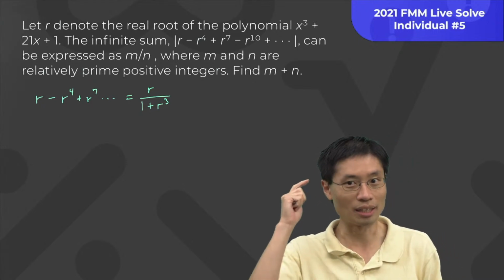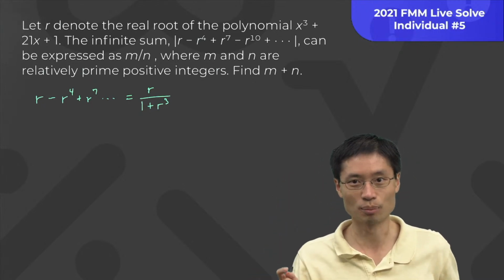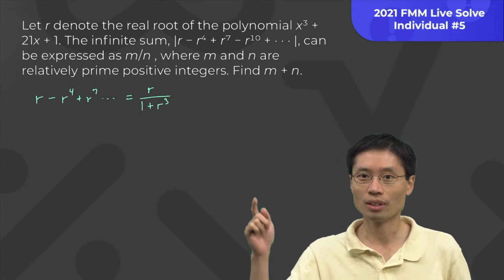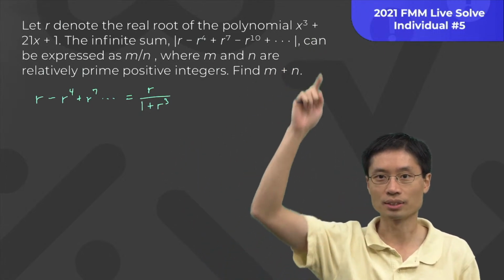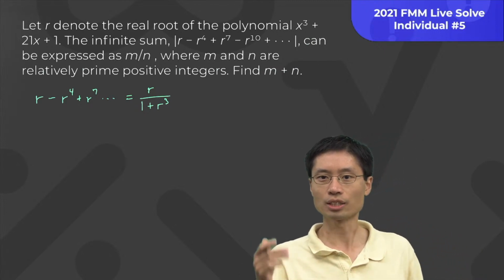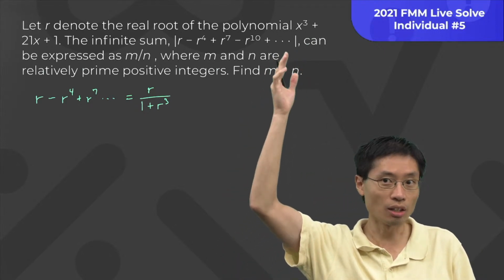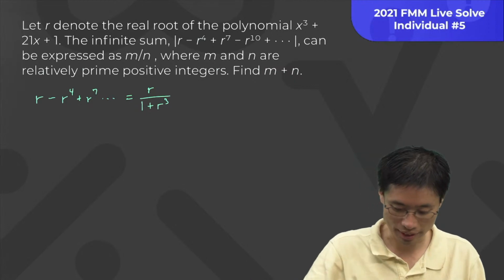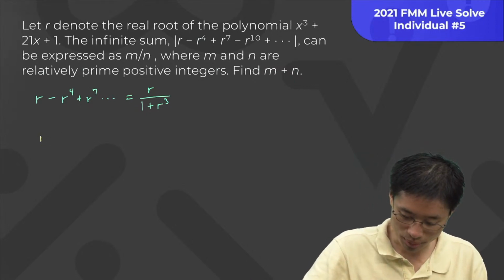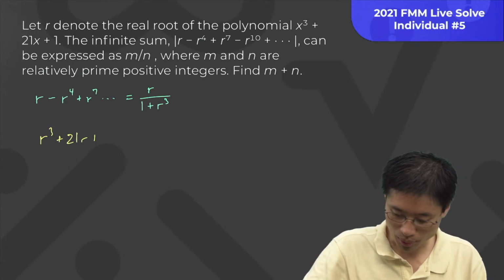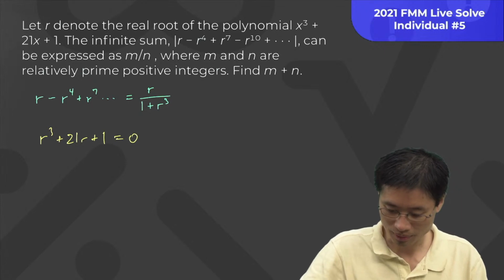That's just like, note to self, if there's a negative number, I have to turn it into positive at the end. Now, I'm curious, what is r over 1 plus r cubed if I know this? Well, okay, let's write that down, but just as r's now, because r is a root of it. So r has to satisfy that equation. R cubed plus 21r plus 1 is equal to 0.